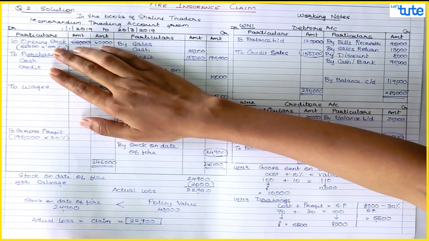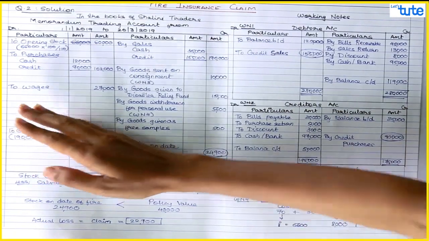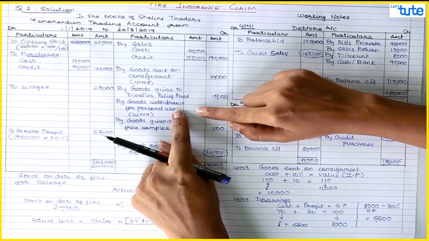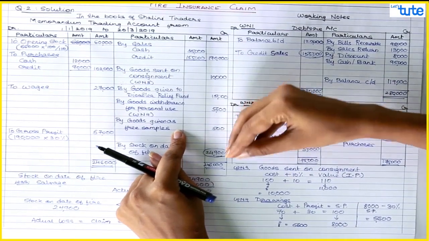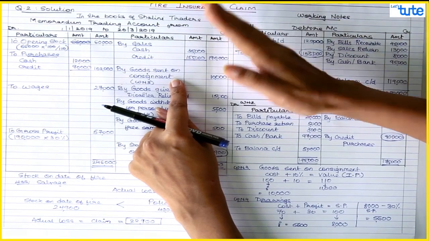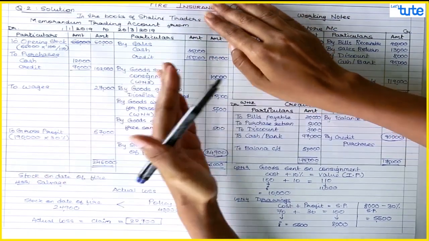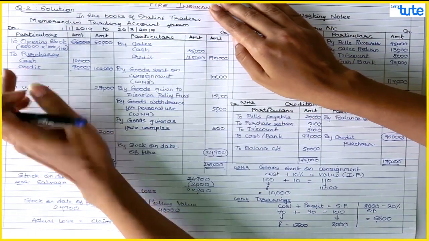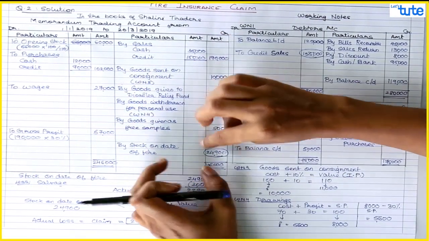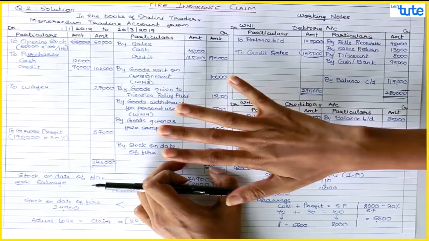Also, if the stock is overvalued, bring it to cost. If the goods are going out of your business for any charity or personal use or free sample, or if the goods are given to consignee, still lying with the consignee and physically not there in your godown, that should also be deducted from your purchases to find out the final physical stock or closing stock on the date of fire at the place of fire.